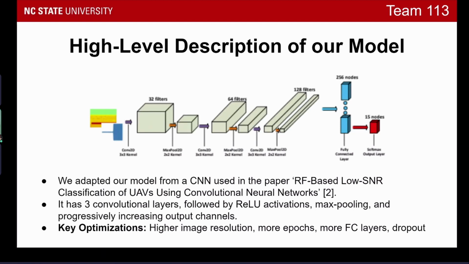It comprised 3 convolutional layers followed by ReLU activations, max pooling, and progressively increasing output channels. We had 2 fully connected layers with 256 and 17 output features, and we had a dropout layer between them. The forward pass involved convolution, activation, and pooling operations, followed by flattening and dropout regularization. And then finally, we had a softmax activation, which generated our class probabilities.